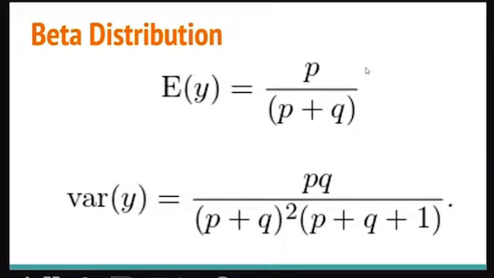Now, mathematically speaking, the mean of a random variable y that follows a beta distribution is P divided by P plus Q, and the variance of a random variable y that follows a beta distribution is PQ divided by (P plus Q) all squared, times (P plus Q plus 1).